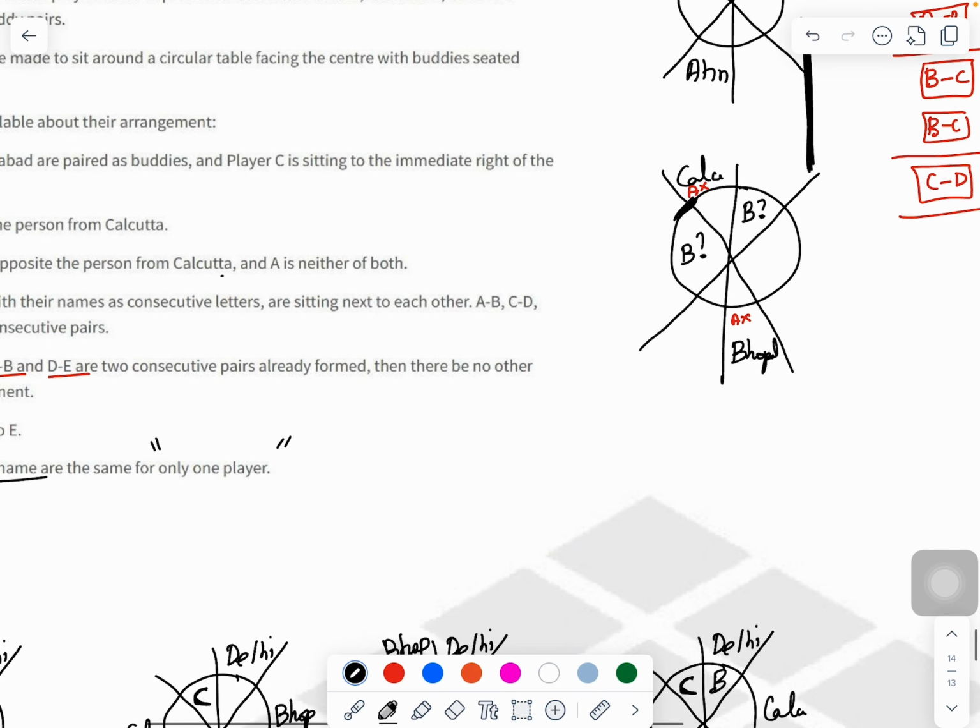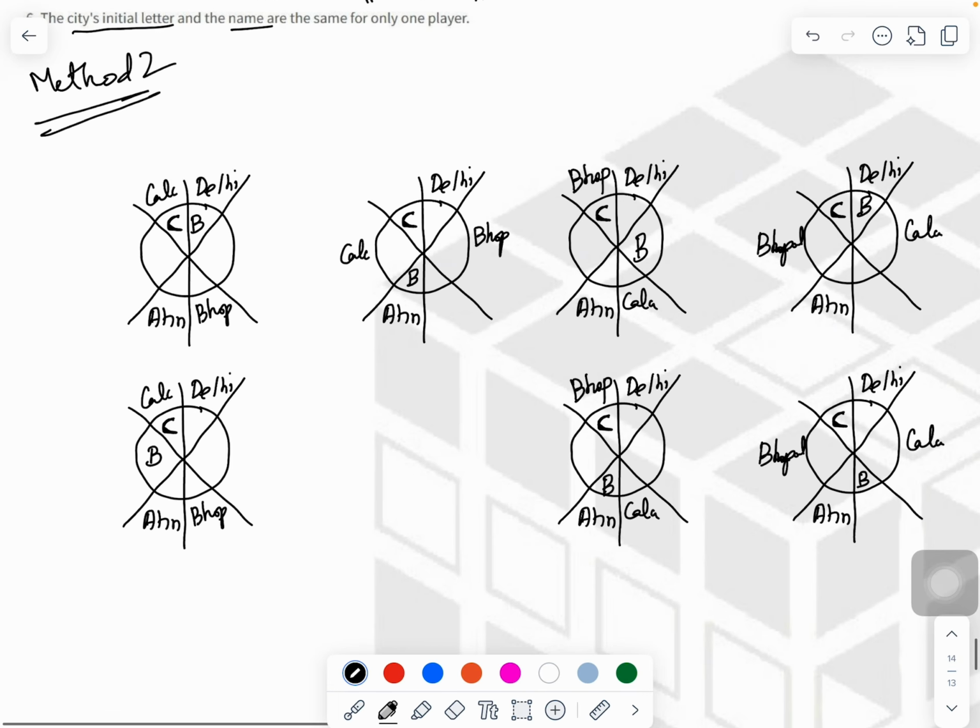One more thing that I need to notice, Bhopal and Calcutta will not have A in them. So here you will not have A, here you will not have A. Let me cross off all the places where A will not come.